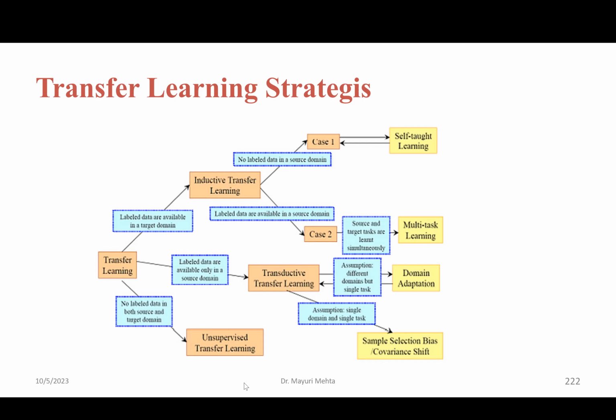So here you are using the knowledge gained from the previous task; the domain is the same, only the task is different. This is inductive transfer learning.